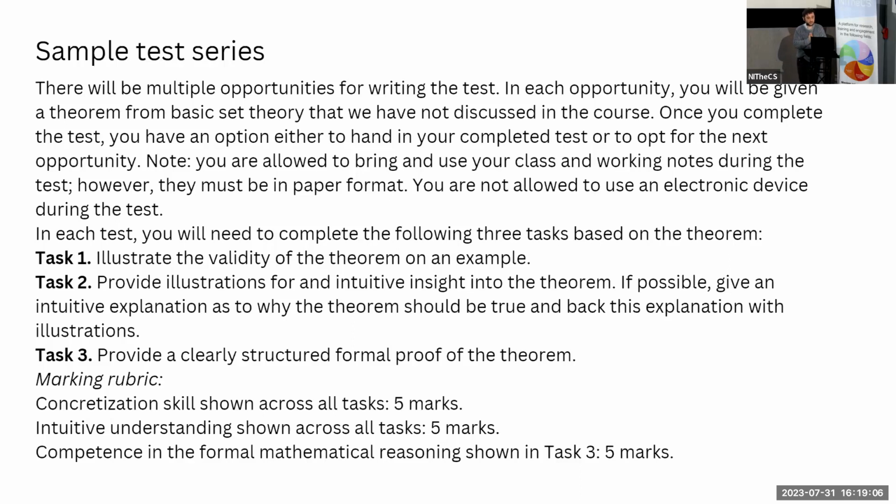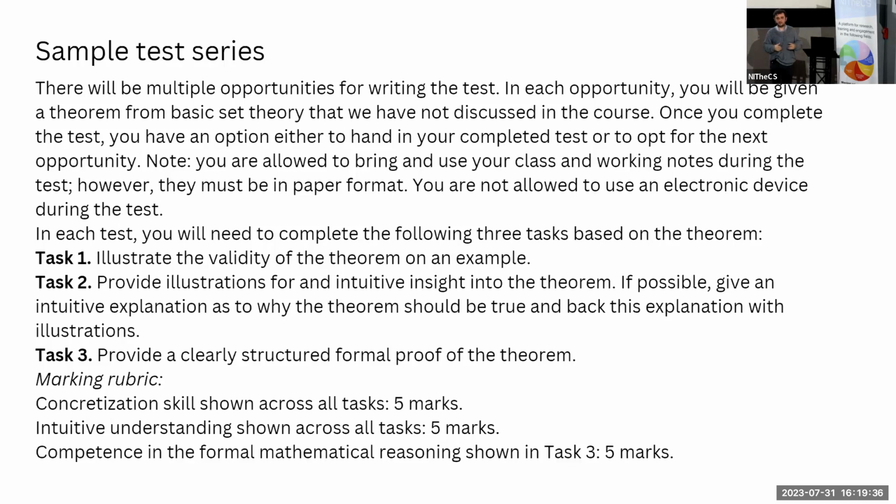5 marks for ability to concretize, ability to unpack the detail. This is one of the key skills for mathematics, maybe also other subjects. And this is where many of the students struggle. They struggle to go into detail. So 5 marks for that, and then 5 marks for intuitive understanding shown across all tasks. Some students are able to have a very good understanding why the theorem should work.